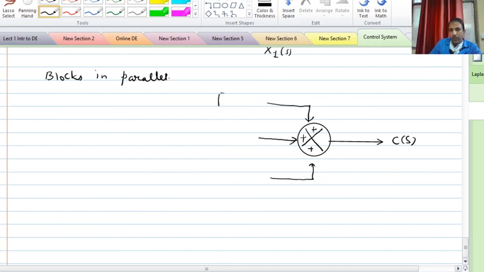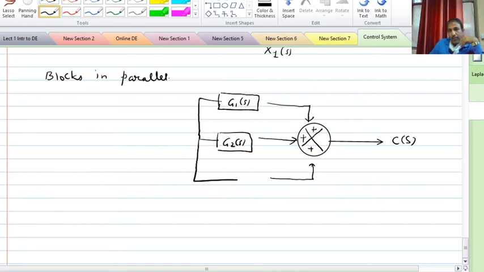So these are the blocks in parallel with G1S, with G2S, and with G3S. Please do not forget to apply the arrow sign so that it will show the direction of flow of signal. And this is your RS.